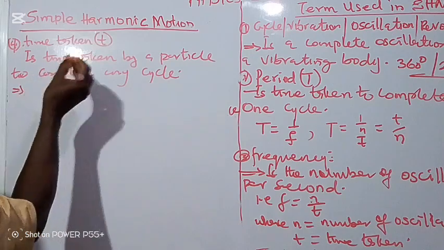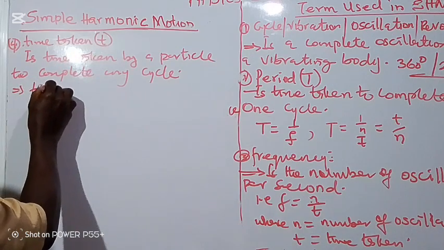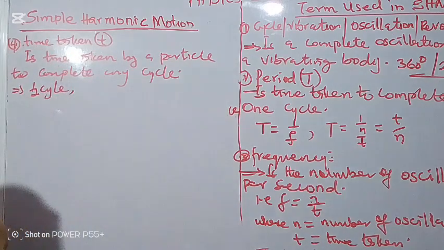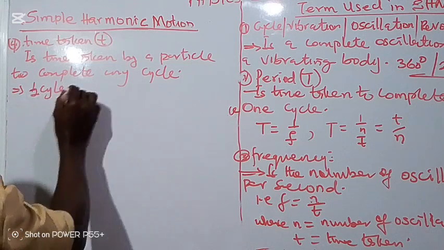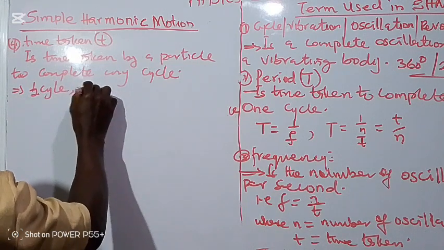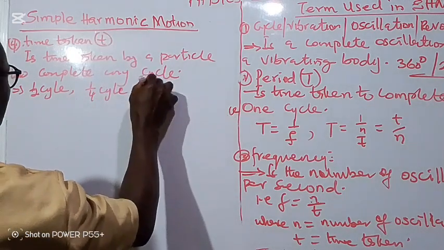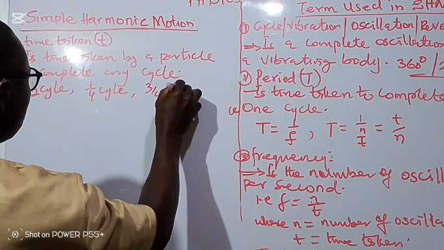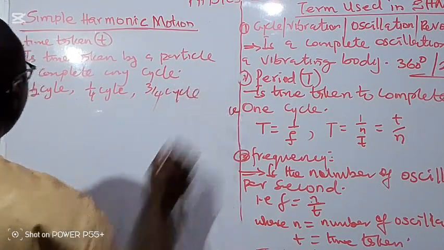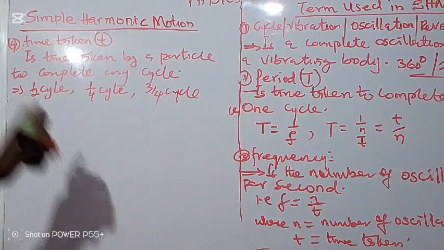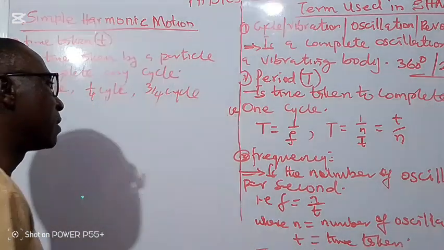It may be half cycle, or 1/4 cycle, or 3/4 cycle, or any cycle apart from one complete oscillation.